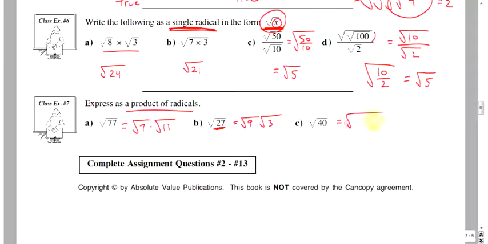Can I split this guy up? Yeah. Actually, you got a couple choices, don't you? Root 4 times root 10. There's one option. What else goes into 40? It just says a product of radicals. Those are both right. There's no wrong here. You split it up into two radicals. It's the opposite of what we did here.